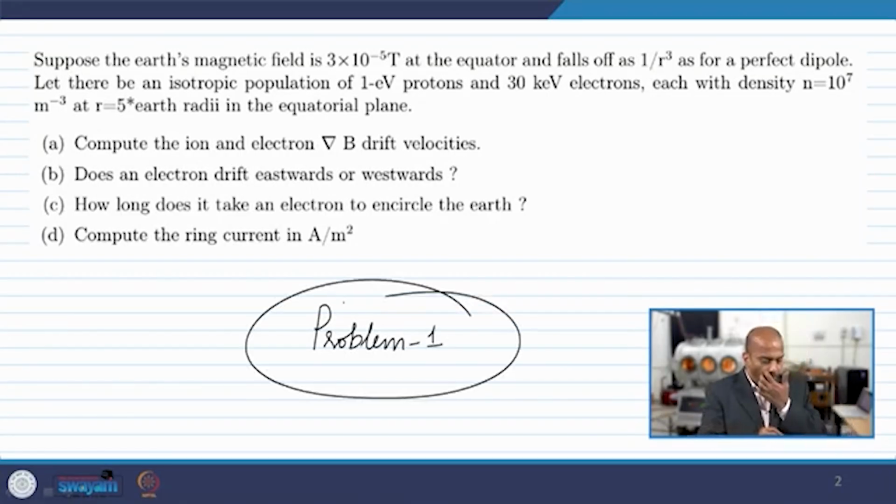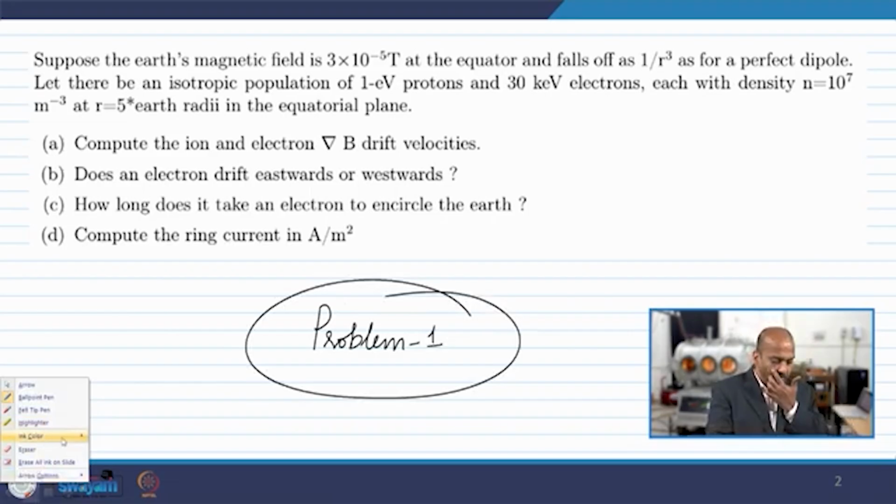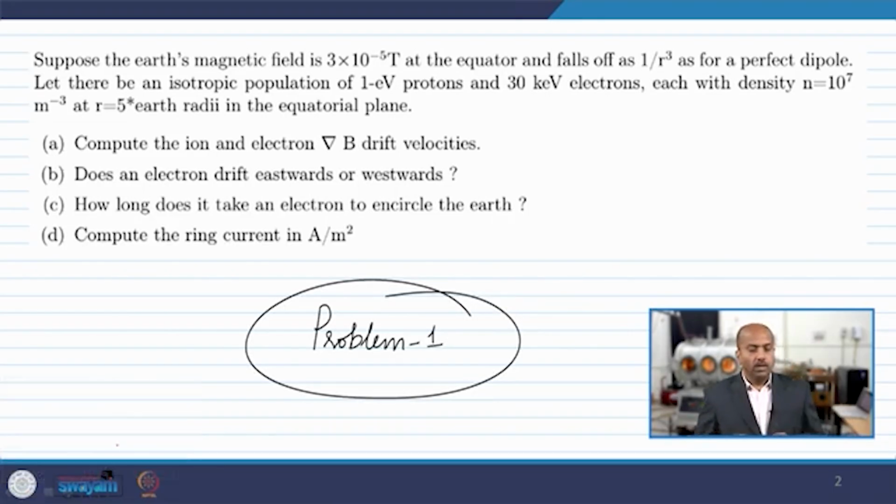Let us see what this problem statement is and try to understand how we can solve it. The given question is: suppose the Earth's magnetic field is about 3 × 10⁻⁵ Tesla at the equator and falls off as 1/r³ as for a perfect dipole.